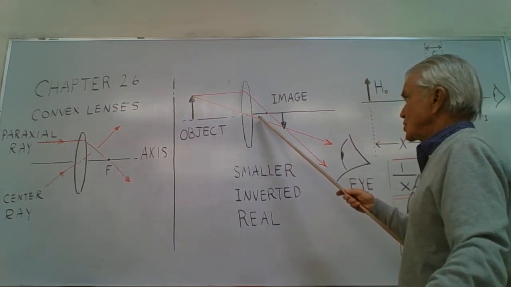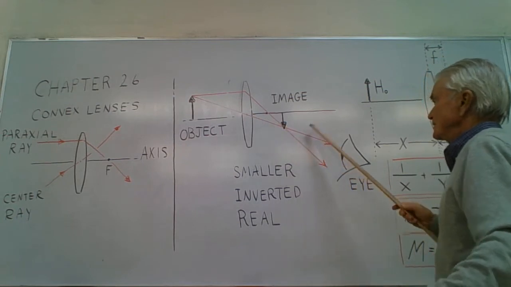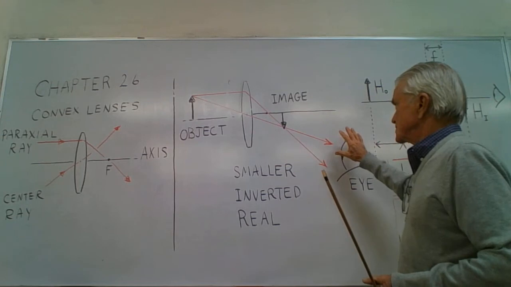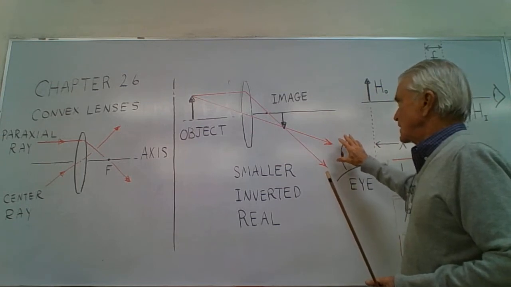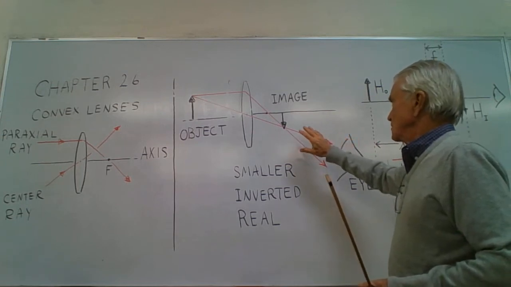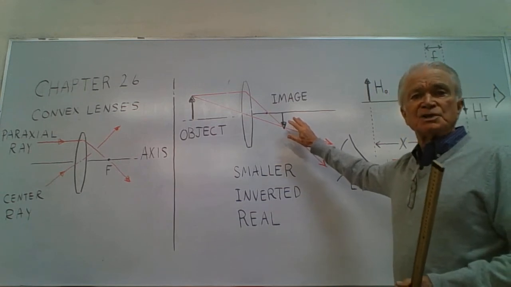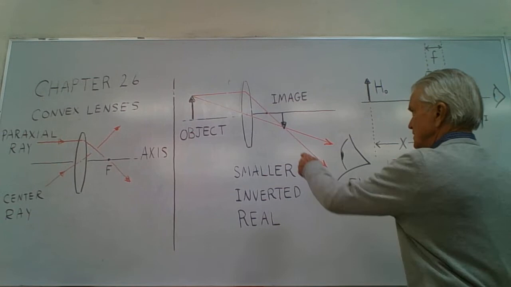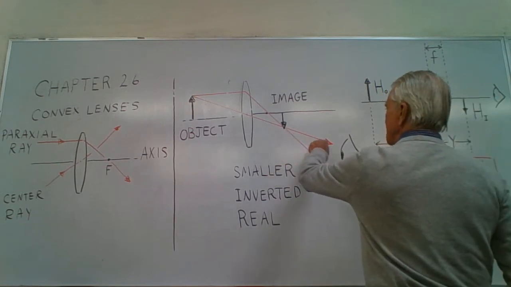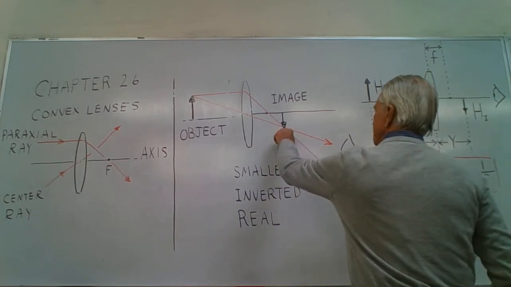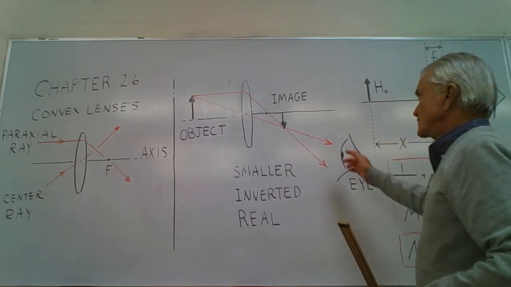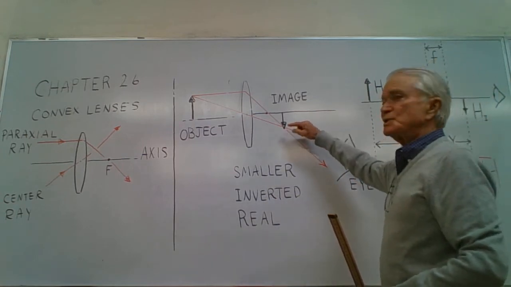It keeps on going, is not bent. The intersection of those two rays is perceived by this observer's eye to be what might just as well be an object there from which light is emanating. You see there is light traveling along that path to the eye, and from that point along that path to the eye, it is just as if there were an object there from which light is emanating.